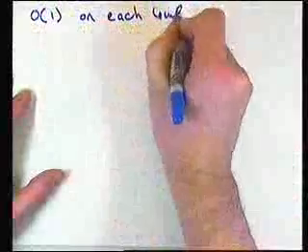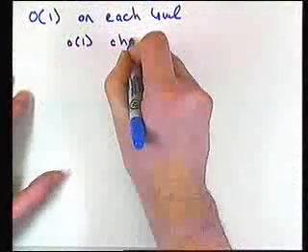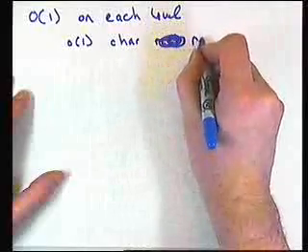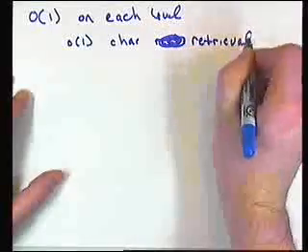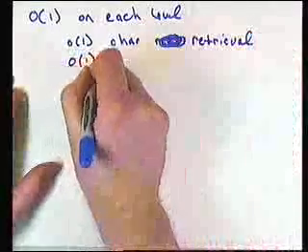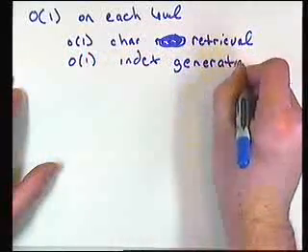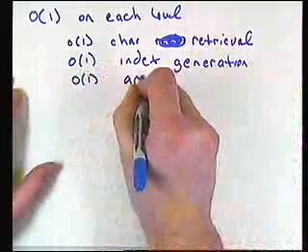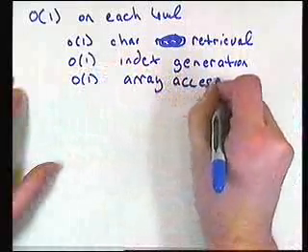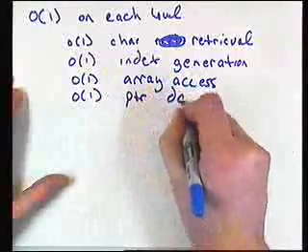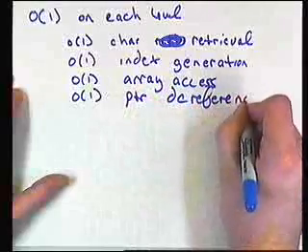We spend constant time on each level because we have constant time character retrieval, constant time index generation, constant time array access, and constant time pointer dereference.